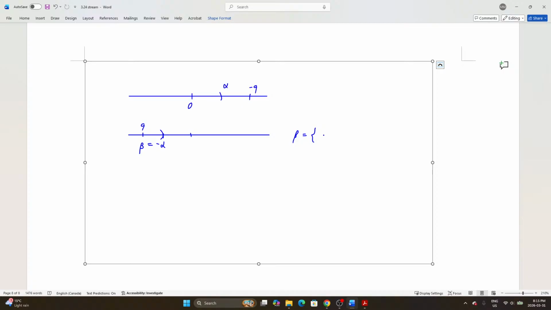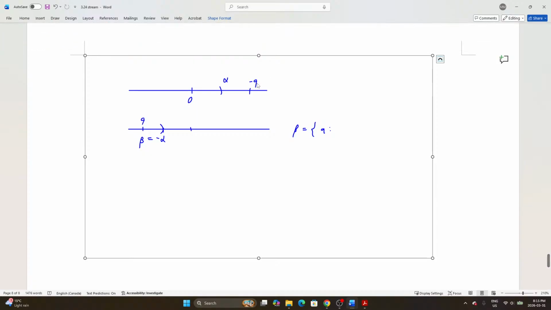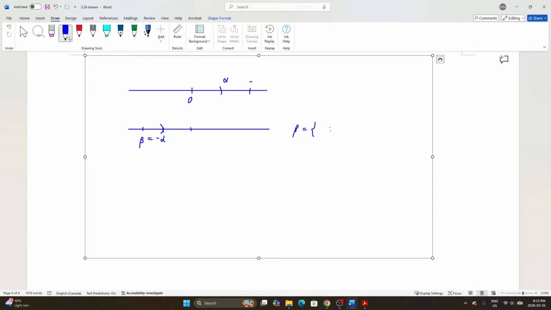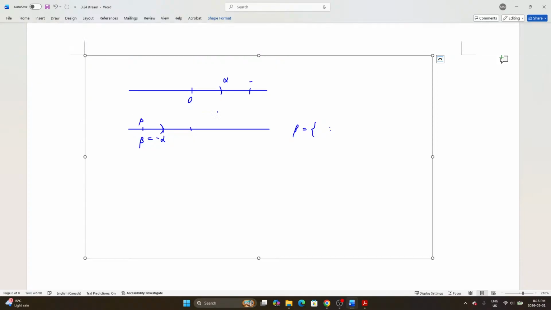So beta is the collection of, let me use P, beta is a collection of P such that minus P is not in alpha, right?